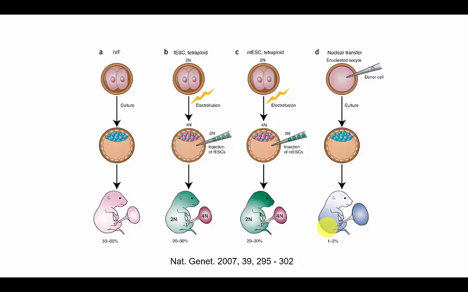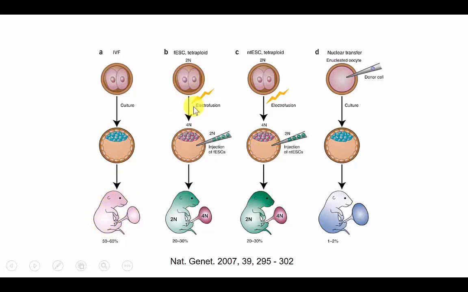Now let's think about tetraploid complementation. If sperm cells and egg cells meet together, they form a zygote, and then eventually they make a blastocyst and then the whole embryo. Again, this is the inner cell mass and this is the trophoblast. Trophoblast makes the placenta, and the inner cell mass makes the embryo.